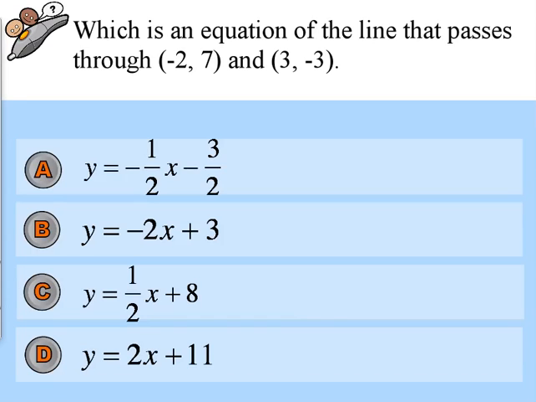And on the bottom, it should be minus 3.